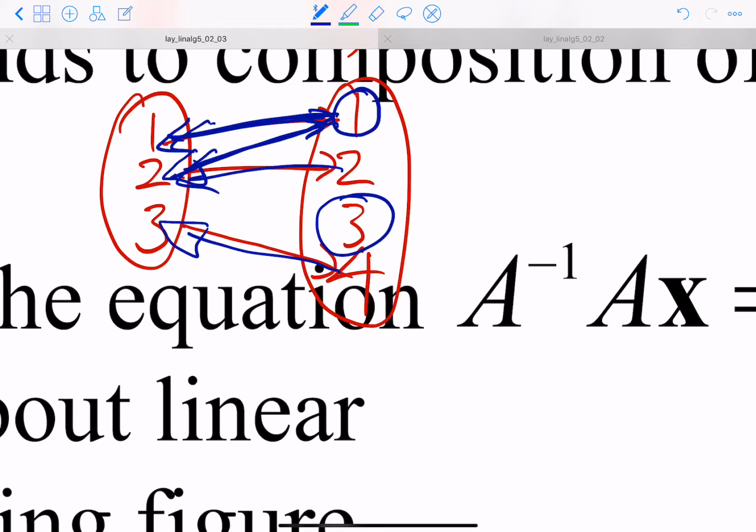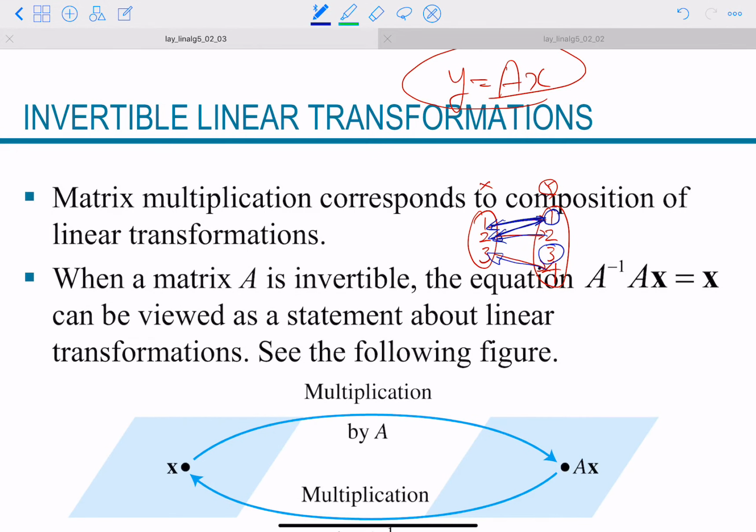So 1-to-1 and onto is basically the sufficient and necessary condition, or equivalent condition, to be able to define the inverse mapping or inverse transformation. And what is that inverse mapping? Simply, the inverse mapping is A inverse Y is equal to X, right?